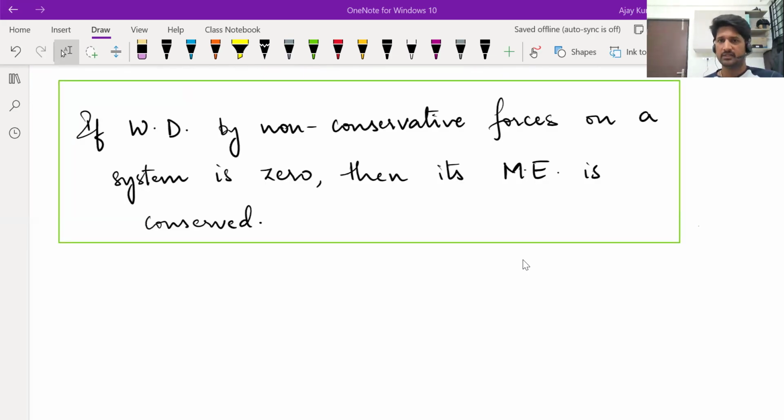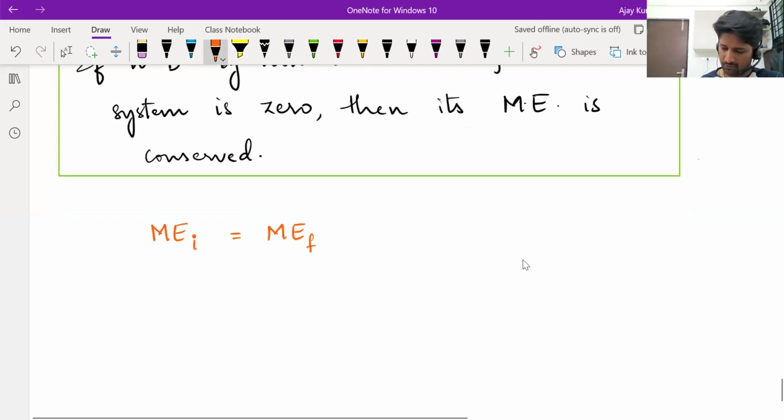Momentum is conserved, means it does not change, means initial value is equal to final value. So we used to write P initial is equal to P final. Similarly, for mechanical energy conservation, once the condition is satisfied, you write initial mechanical energy of the system is equal to final mechanical energy of the system.